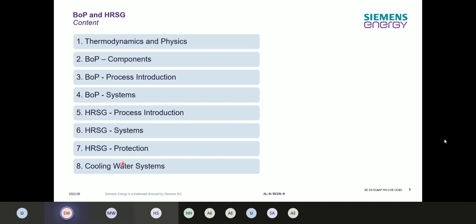So there are some differences. For me, some things are also not standard. I know it from Siemens power plants before, but we will try to get you the best information, so that you know, okay, that's how it looks on my power plant over there.